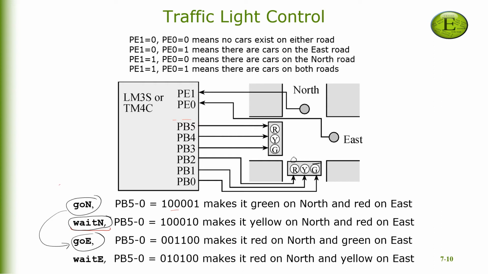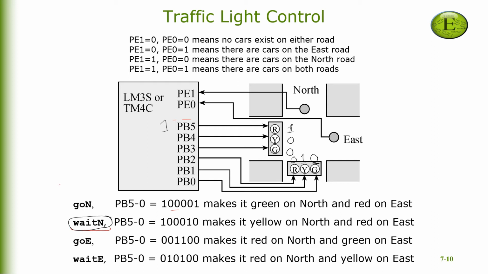That occurs when we put a yellow signal on and green signal is turned off. So now we are in a different state, wait N. And when we turn on the yellow light for the north traffic, we still want the east traffic not to move, so we still want the red light on for the east traffic.